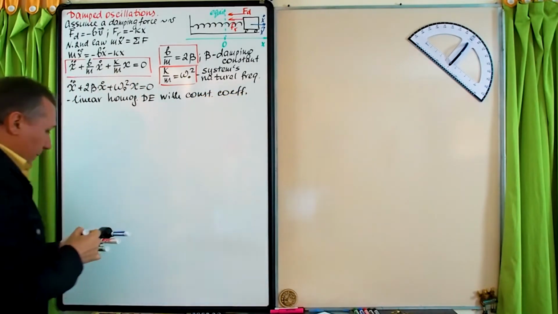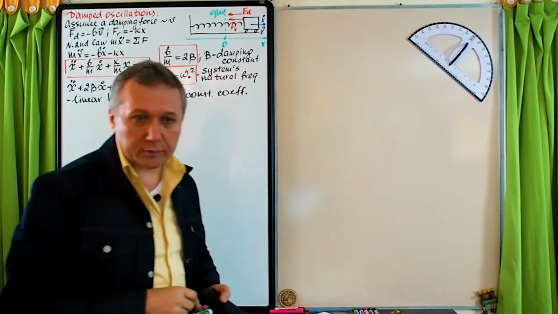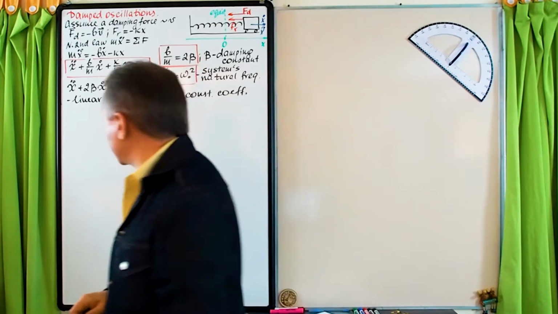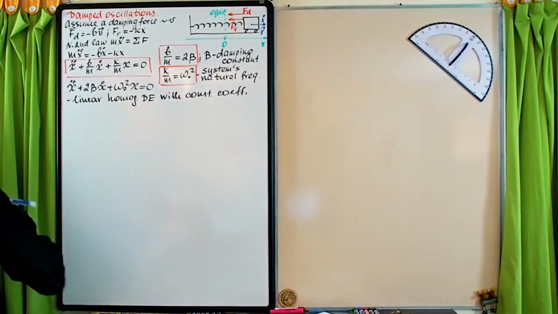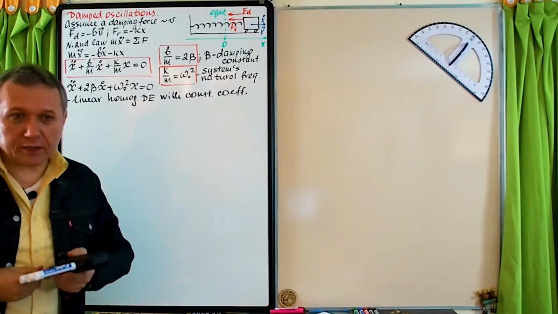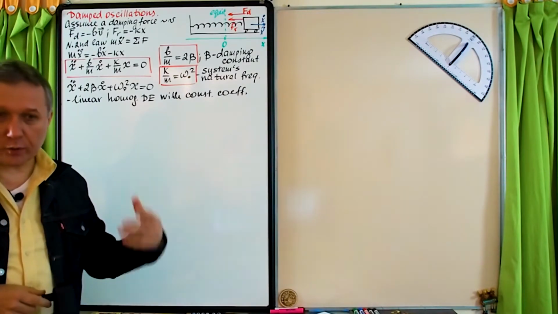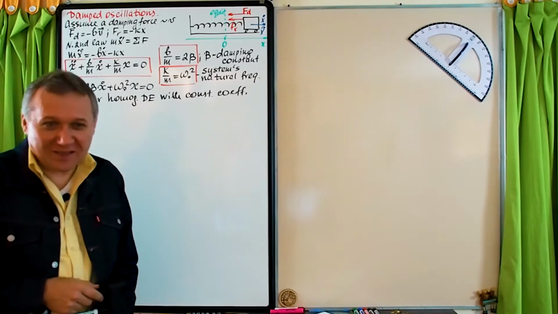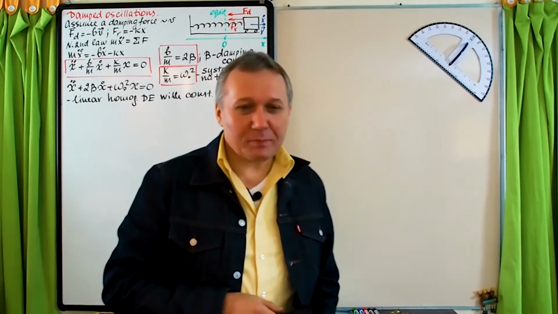Now we need to solve it in order to see the response of the system, how the system is going to oscillate. You can search for a solution in any form, but we're going to search for a solution in the exponential form because that's the best function.